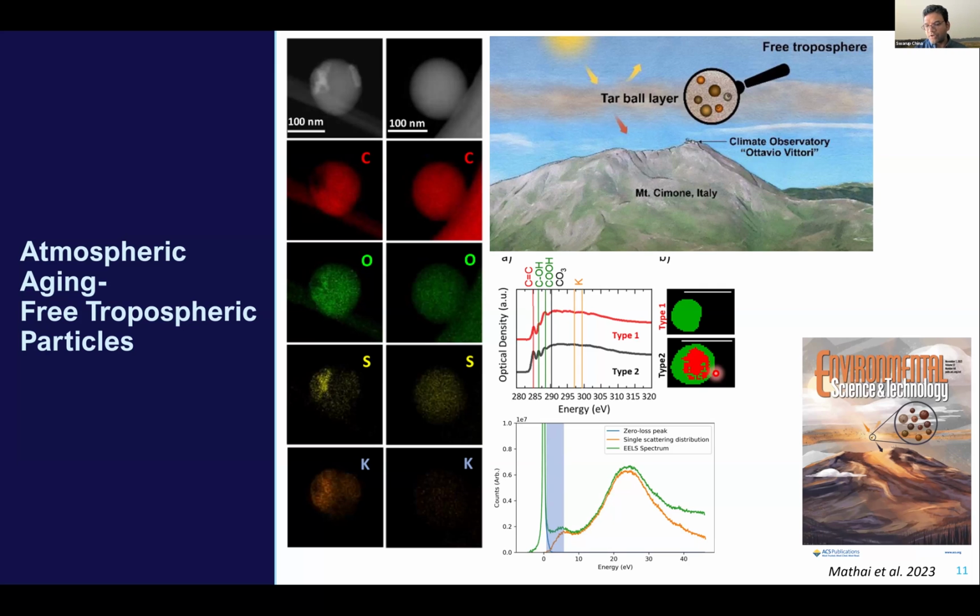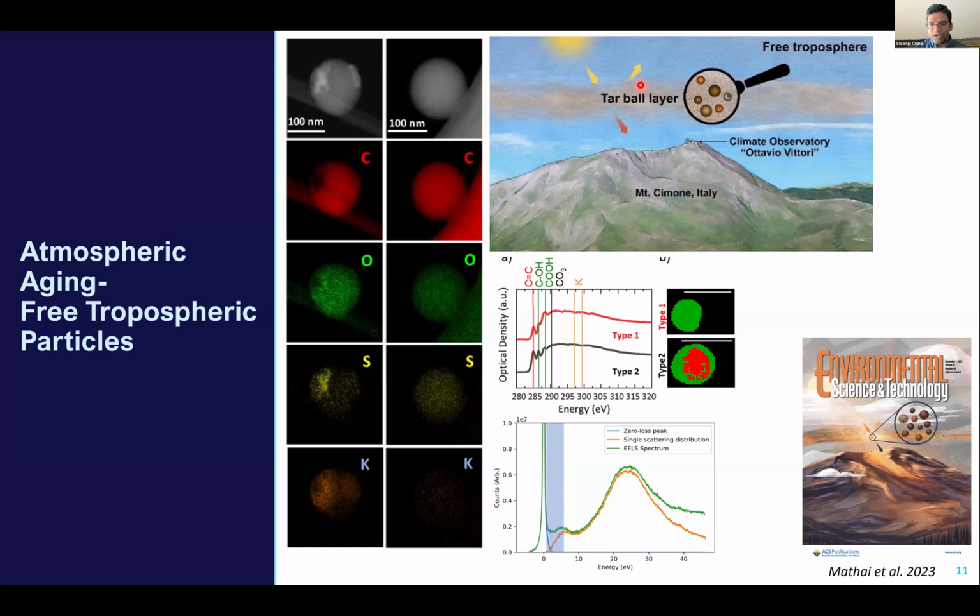Once you get the refractive index, you can calculate their scattering and absorption, and then we understand how they affect the interaction with sunlight. So that study again highlights how different multimodal imaging can help to understand the optical properties of our source.